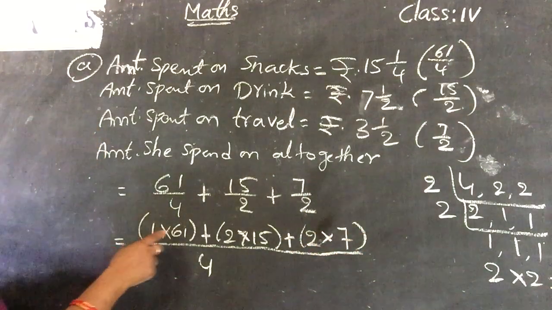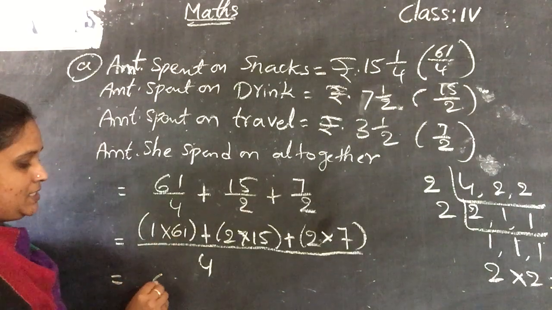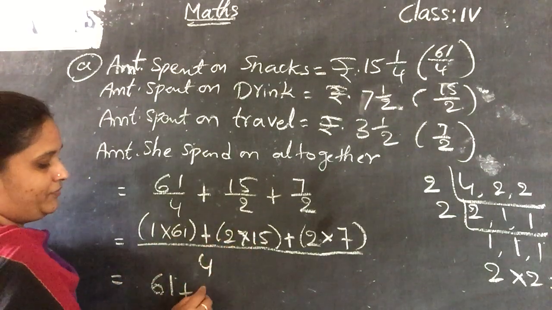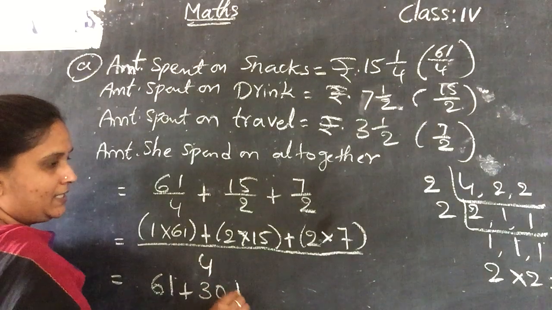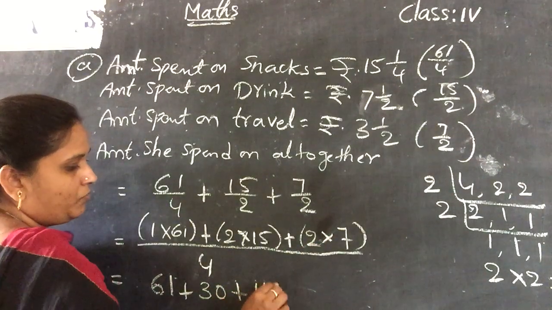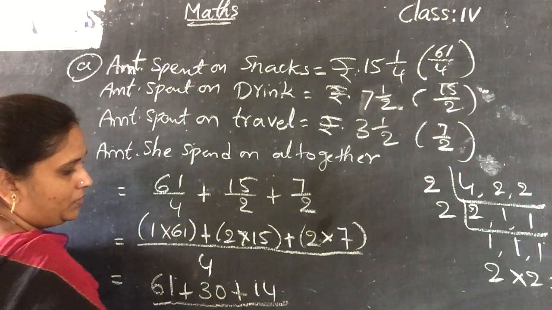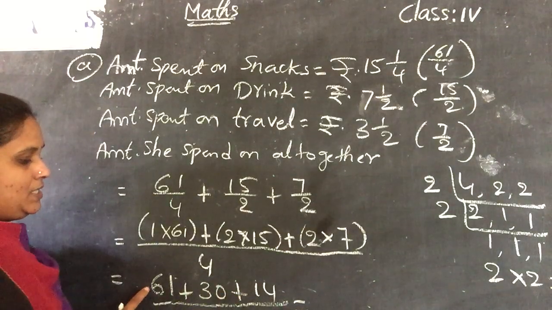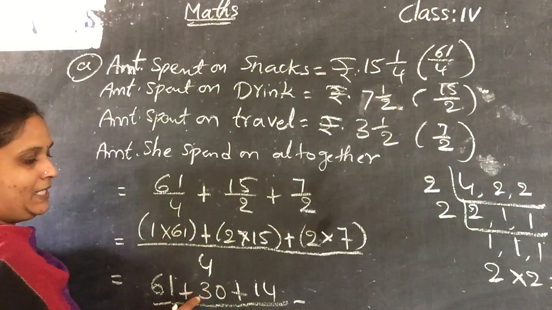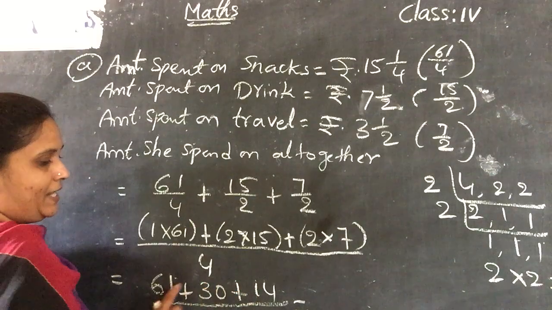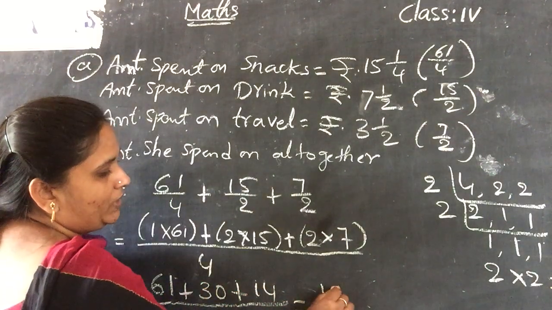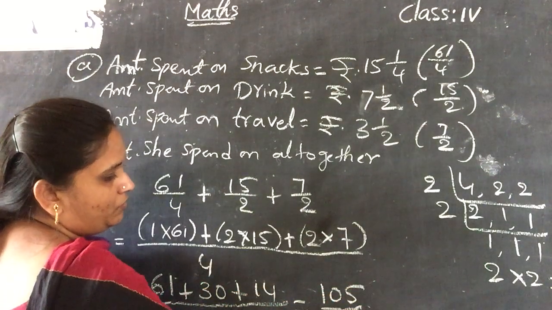Now do the totaling. 1 into 61 is 61, plus 2 15s are 30, plus 2 7s are 14, over 4. Add all this: 60 plus 30 is 90, 90 plus 10 is 100, and 1 plus 4 is 5. 105 by 4.